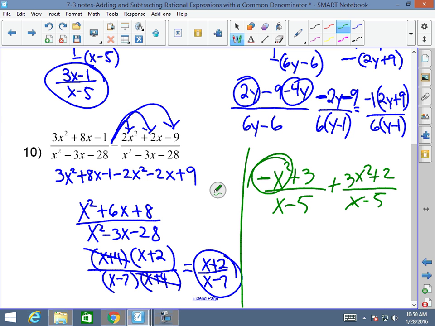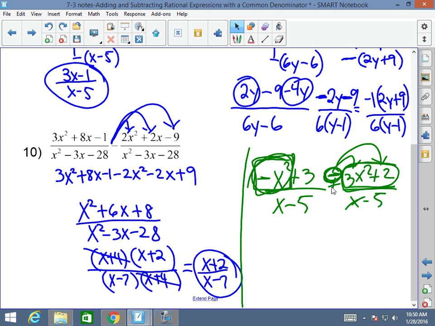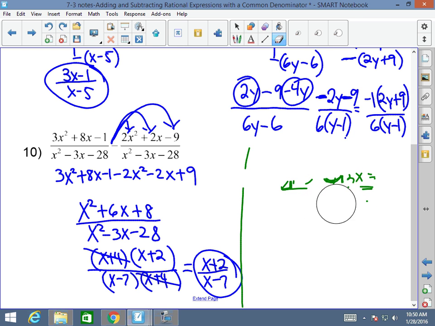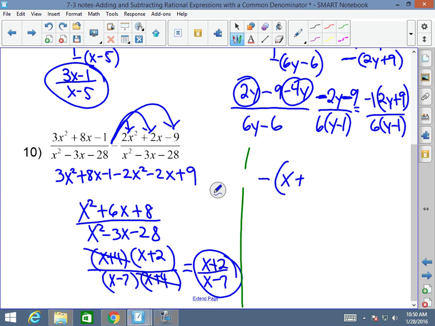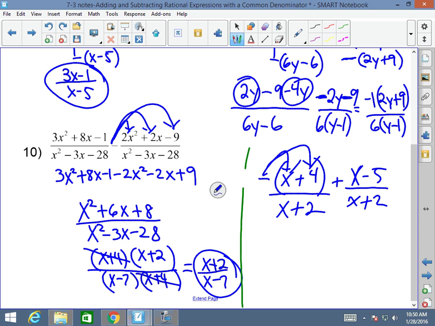So why is it that if I had a negative here, I distribute? Because think about it. This is saying I'm subtracting this whole quantity. So when it's in the middle, I have to distribute. When it's at the beginning, that just means that this first term is negative. Now, let's look at it like this, though. If I had said this to you, my brother, negative x plus 4 plus whatever, x minus 5 over x plus 2, now I have to distribute that negative.